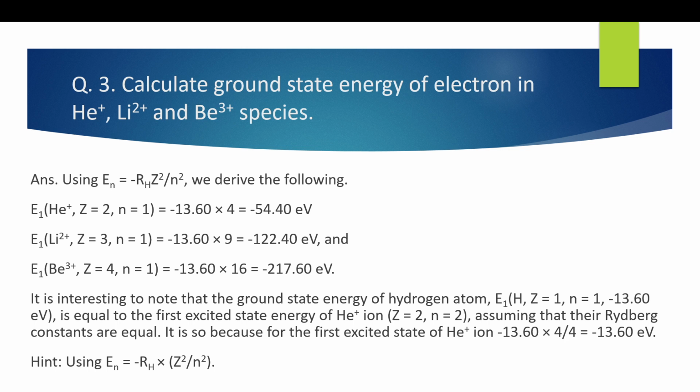A very interesting point is that the ground state energy of hydrogen atom, which is 13.60 electron volt, is equal to the first excited state energy of helium plus ion, assuming that their Rydberg constants are equal. It is so because for the first excited state of helium plus ion, the multiplier factor is 4 over 4, because Z is 2, n is 2 for excited state.